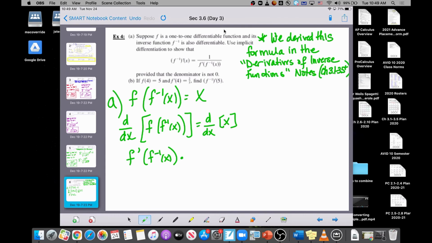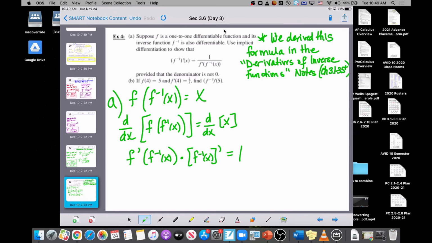The notation of the f inverse of x derivative is a little goofy because we can't use the prime on the inside because we already have the inverse symbol, so we write it like this, f inverse of x derivative. So that's the derivative of the outer at the inner times the derivative of the inner. And then on the other side of the equal sign, the derivative of x is 1.